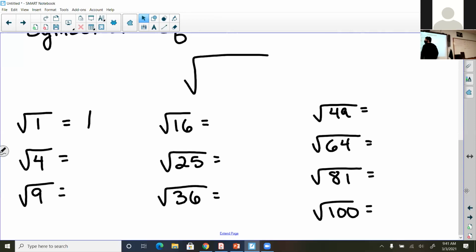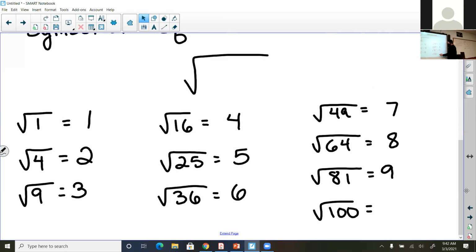All right, the square root of 4 is 2. The square root of 9 is 3. The square root of 16 is 4. The square root of 25 is 5. The square root of 36 is 6. Square root of 49 is 7. Square root of 64 is 8.